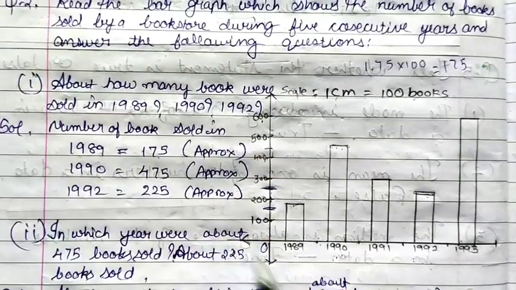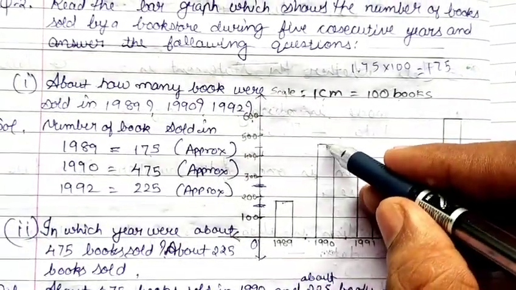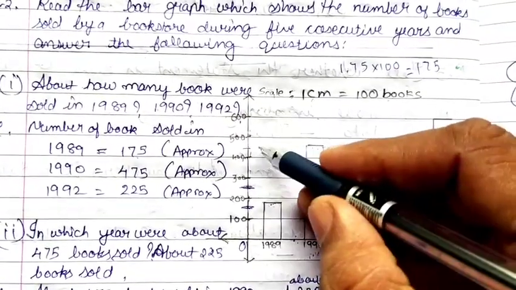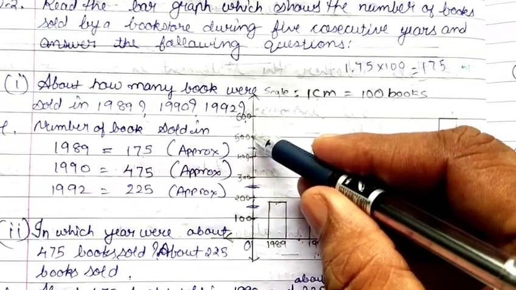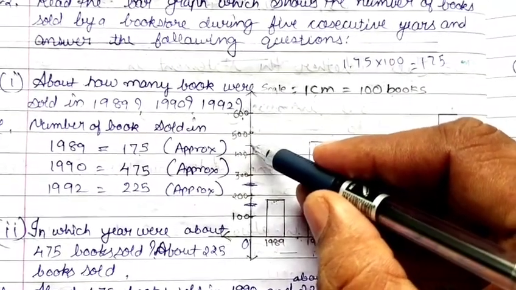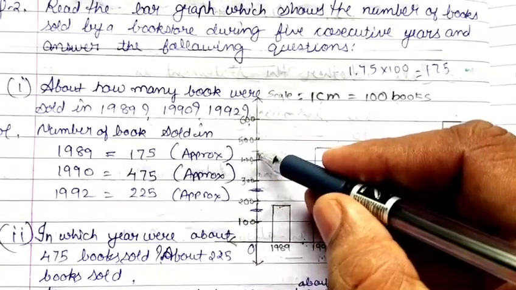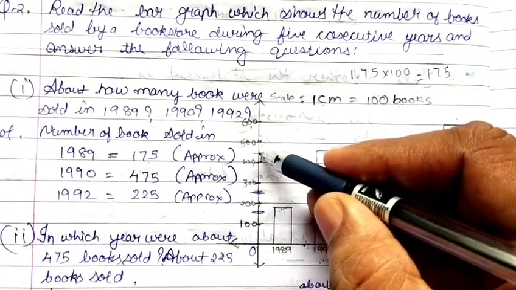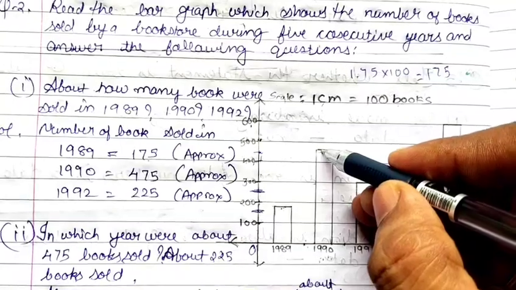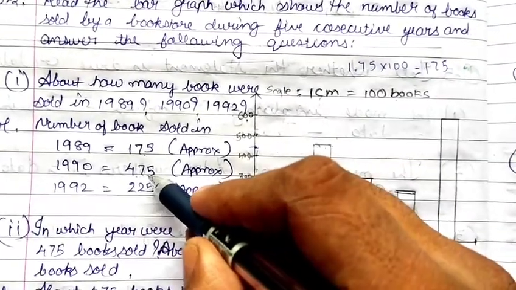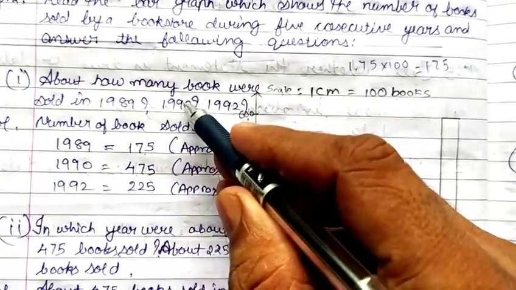Now in 1990, again the same condition. See here, this pillar is between 450 and 500, meaning between 4.5 centimeter and 5 centimeter, which is 4.75 centimeter. So when you multiply it with 100, you will get 475 books sold in 1990.